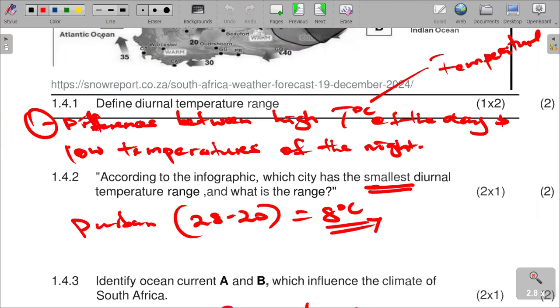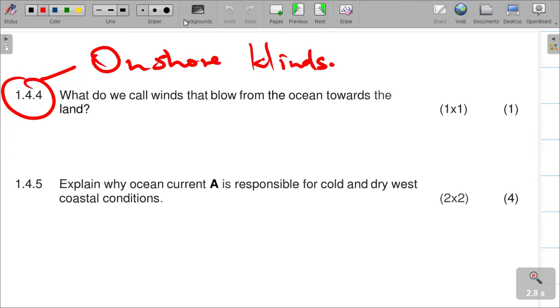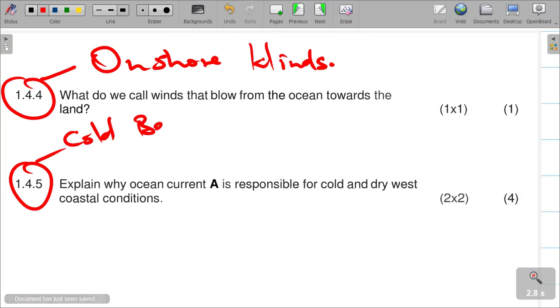So we just need to explain that the winds originating from the cold Benguela current are what the question wants us to talk about. With these air masses, we need to understand that the air above the cold ocean currents is cold.